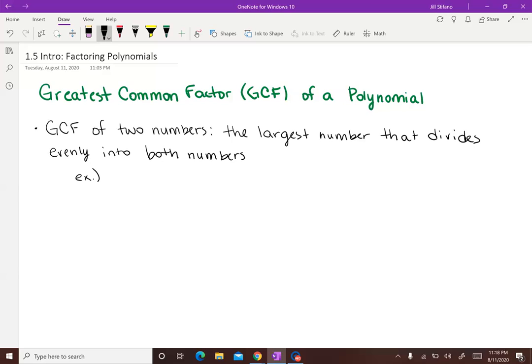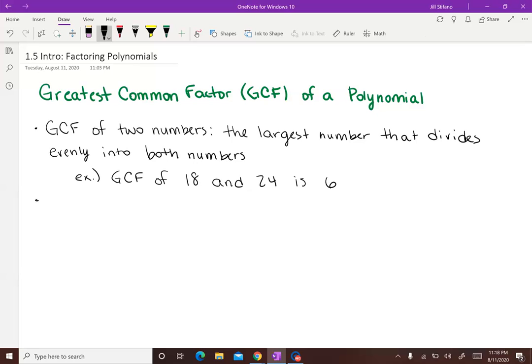An example of this would be the GCF, or greatest common factor, of 18 and 24 is 6.